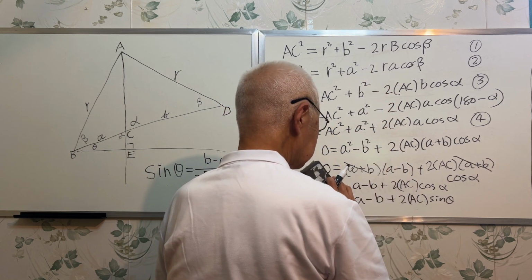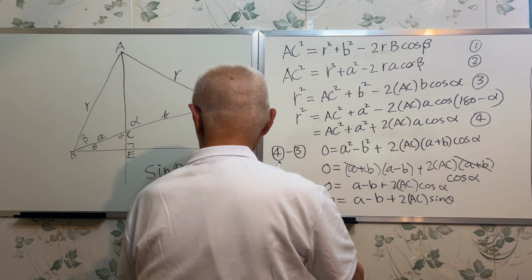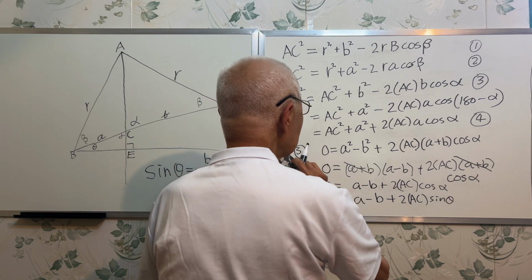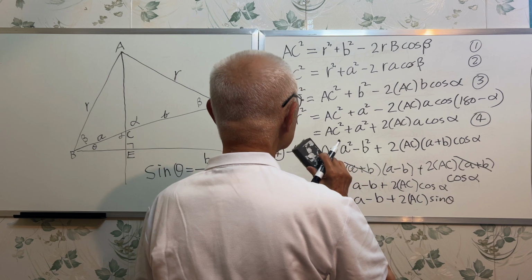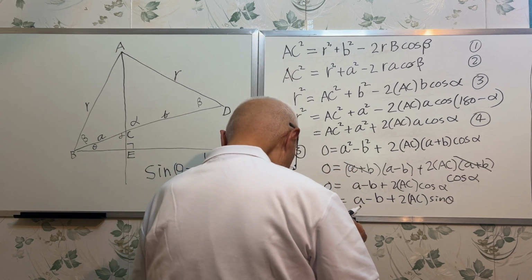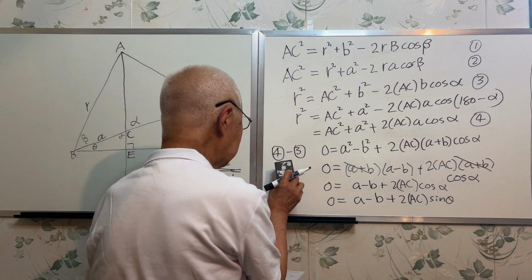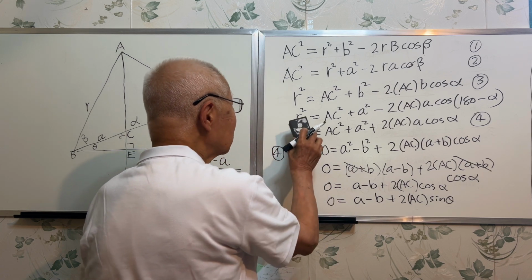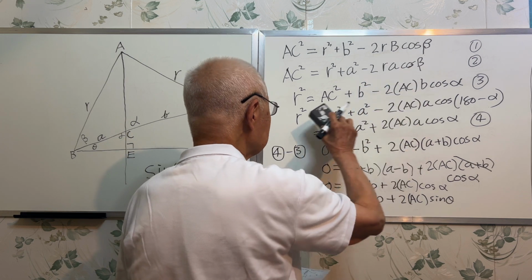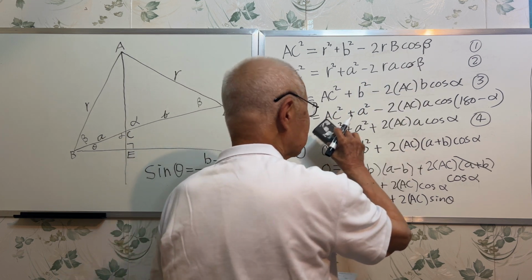Let's see. Okay, I need some space. Because I already have done 4 minus 3, I need 1 and 2, so I can erase 4 and 3.